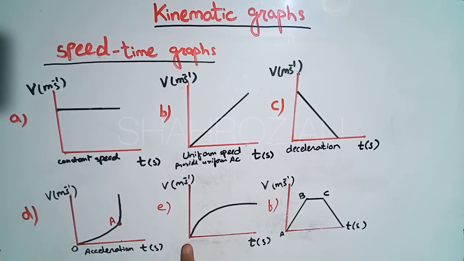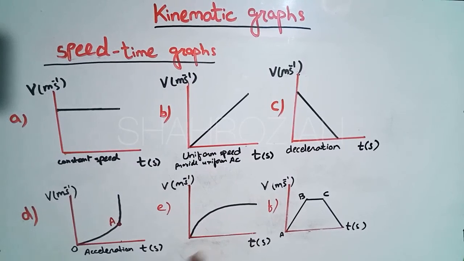This is also a graph of acceleration, but after some point the speed of the body will be constant. In this graph, acceleration is not increasing uniformly.